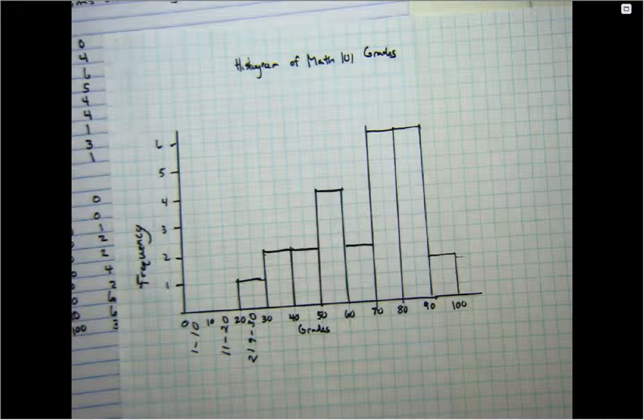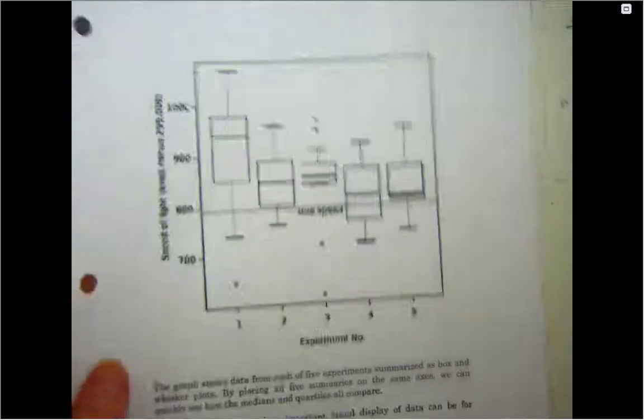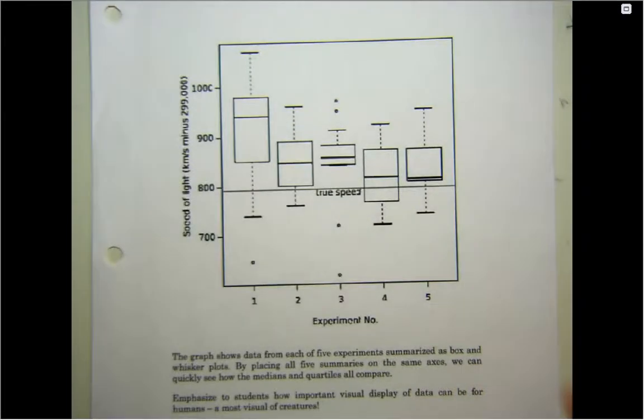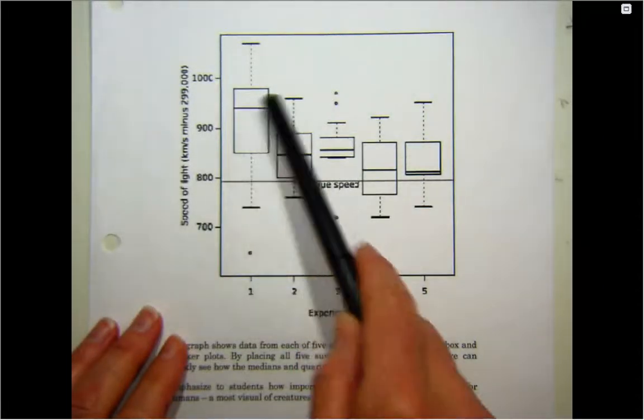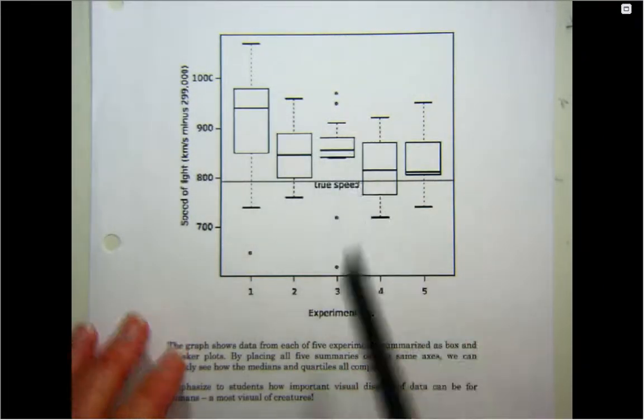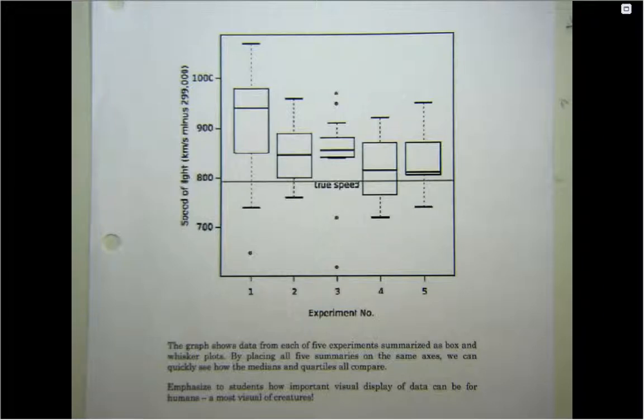Well, we're going to turn our attention to another way to view data, and that's a box and whisker graph. So here's a selection of several box and whisker graphs for the speed of light. A number of experiments were done, and then those were repeated 5 times. So this represents 5 different sets of experiments, and it gathers the data. What's in the box is 50% of the measurements.